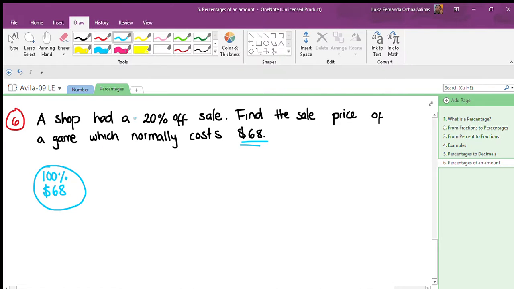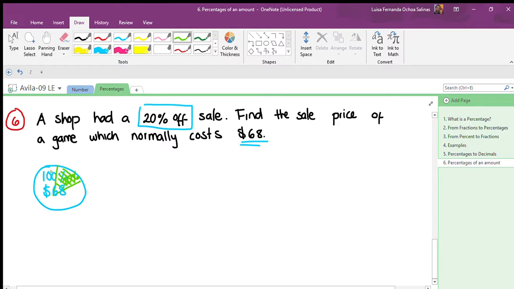Okay. It's saying that is 20% off. So that means that I'm going to take a piece of it that is 20% off. But I want you to think about something here. If it is 20% off, that means that this is the discount. So I don't have to pay that 20% off. Agree?